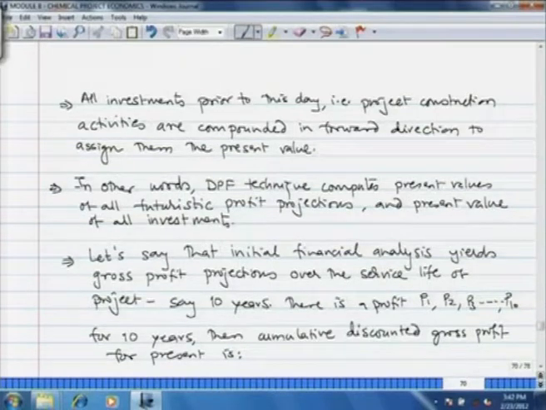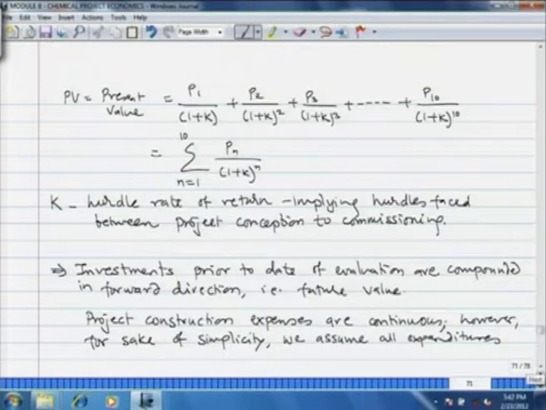That means we assume that profit P1, which is at the end of the first year, is equal to P1 divided by 1 plus K at time 0. Now here we are using the time value of money, the concepts of which we have seen in the previous lectures. We are doing first compounding and then discounting.